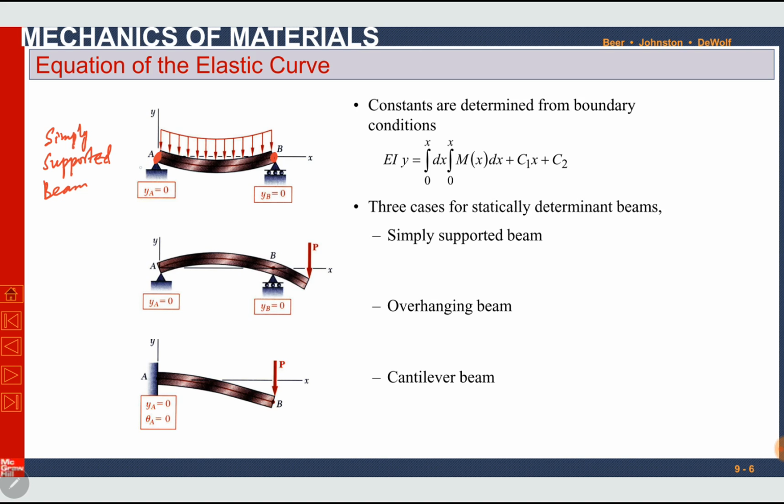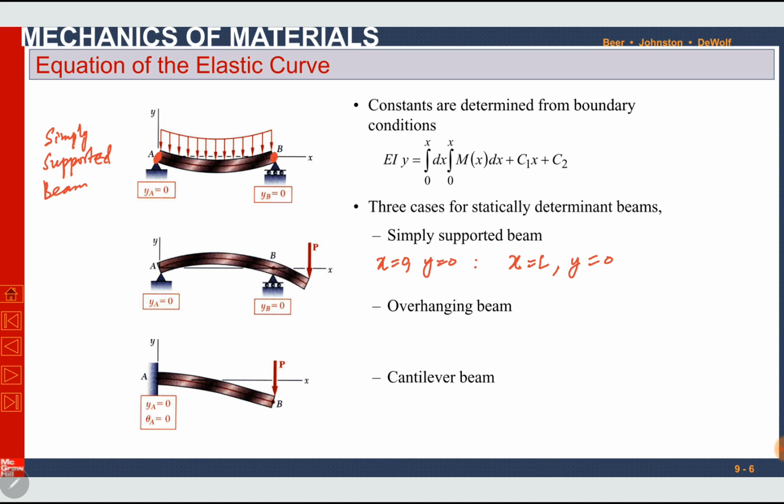A is supported by a pin support, B by a roller support. So there is no deflection at support points. So for a simply supported beam, when x is 0, y is 0. Similarly, when x is equal to length L, y is 0.